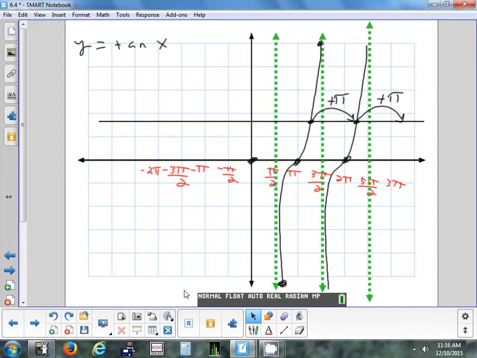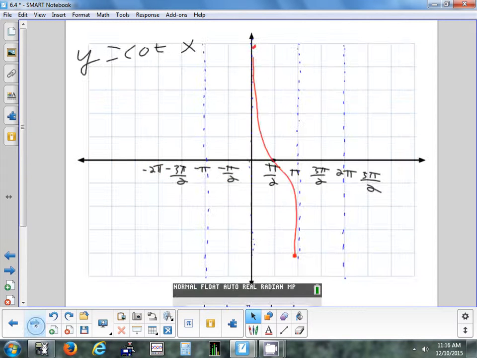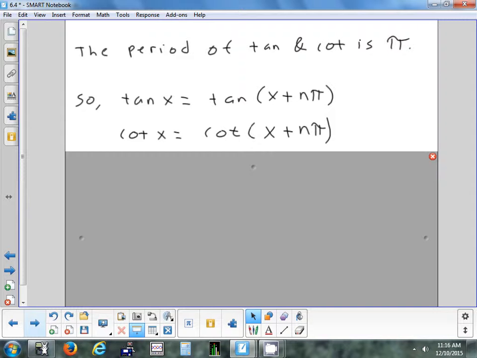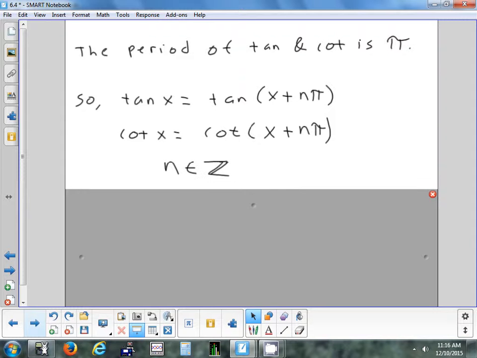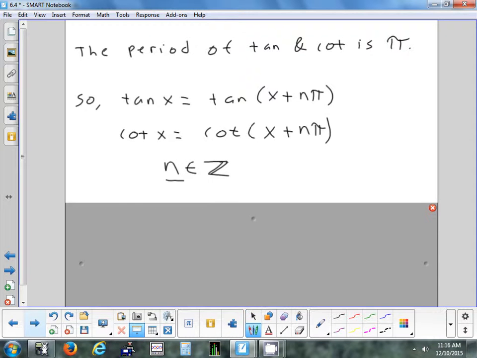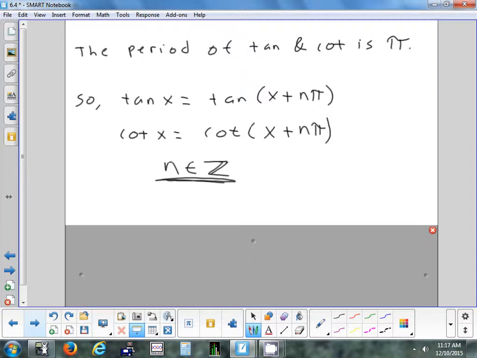And that works for both tangent and cotangent, as long as you use integer multiples: 2 pi, 3 pi, 17 pi. It can't be like 6.2 pi. It's got to be an integer multiple. Okay, that's what that says.